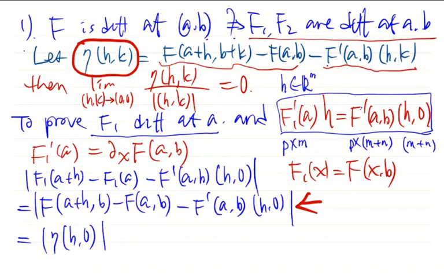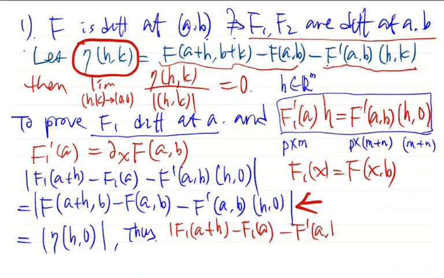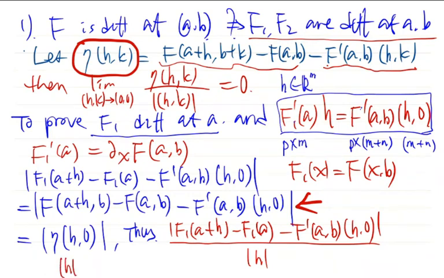Therefore, this means f1(a plus h) minus f1(a) minus F prime at (a, b) acting on (h, 0), divided by the norm of h. But the norm of h in R^m is precisely the norm of (h, 0) in R^(m plus n).